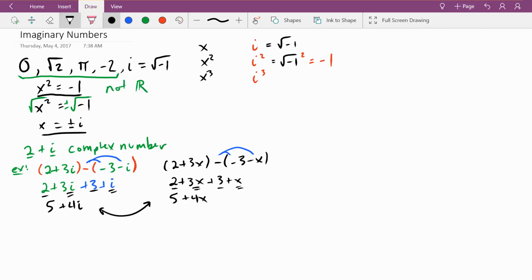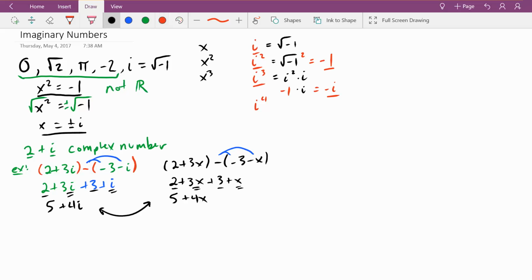Well, if we take i cubed and represent it as i squared multiplied by i, since we add exponents, right? i squared was -1, so we multiply that by another i, and we have -i. Therefore, i cubed is the same thing as -i. i squared, same thing as -1. i, we simply leave.